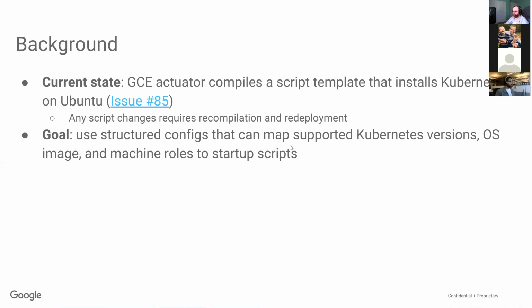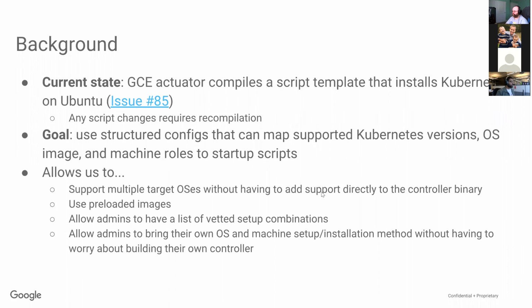Okay. All right. So the goal is that we could have these configs that would map the Kubernetes versions, the OS image and machine roles to startup scripts that would install these certain things. And this would do a few things for us. We'd be able to support multiple target OSs without having to edit the controller binary.